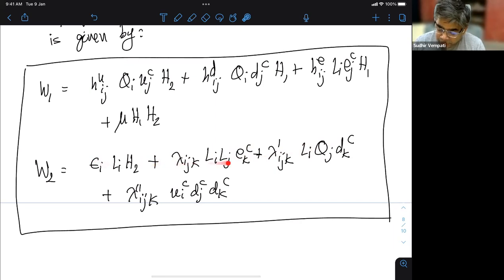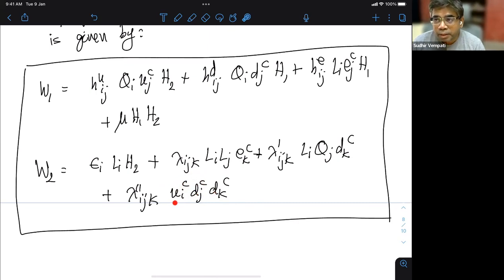In addition to this lepton number violation, there is also a combination of three singlets which is gauge invariant. If you take U, D, D, that is UDD: U has hypercharge minus 2/3, D has 1/3, D has 1/3 in magnitude. So this total together is still gauge invariant if you take into consideration SU(3) indices.